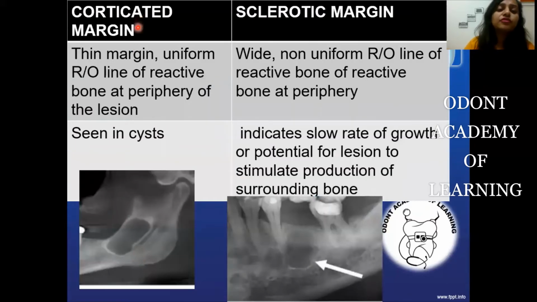Now, the boundary can be a corticated margin or a sclerotic margin. The difference between the two is that in a corticated margin, the thickness is uniform, whereas in a sclerotic margin, it is non-uniform. That means it is thin on one side and can be thick on the other, which just means that there is an osteogenic reaction happening on the thicker side more than on the thinner side.